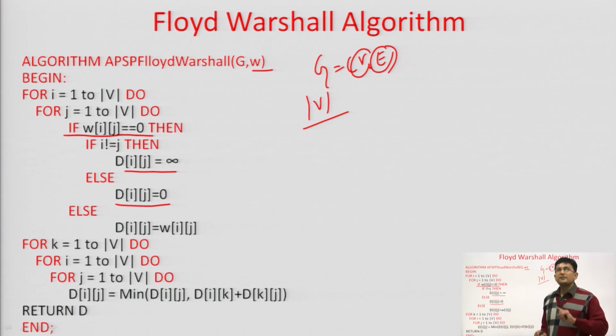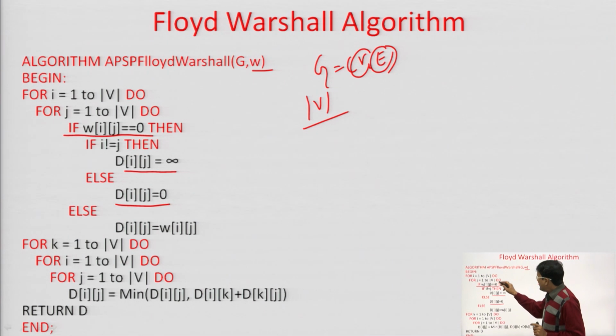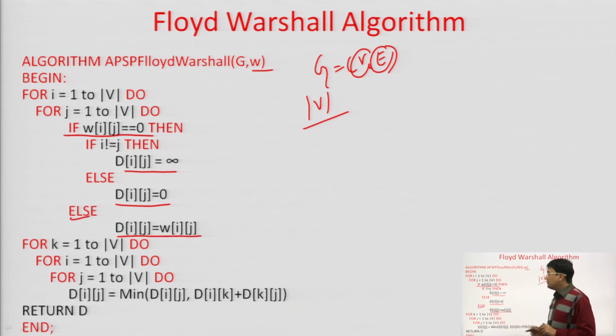Now all other entries remain the same, means if the Wij is not 0, so whatever is the entry in the W matrix, the same will be the entry in the distance matrix. So otherwise Dij equals to Wij, the same entries of Wij have been copied to Dij.